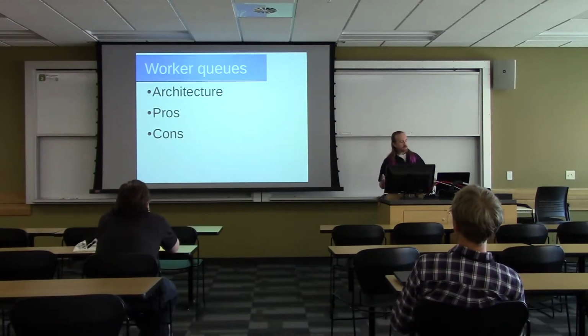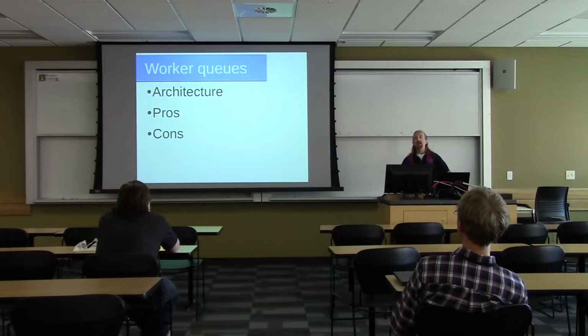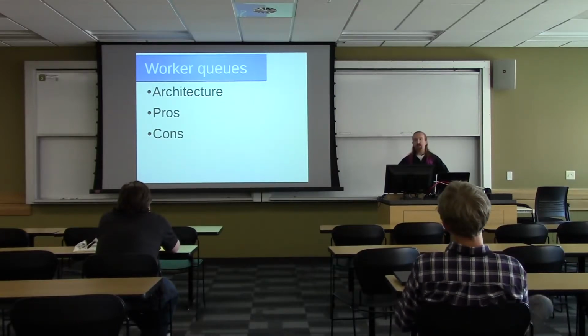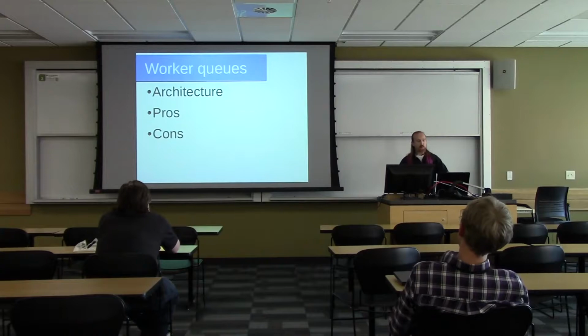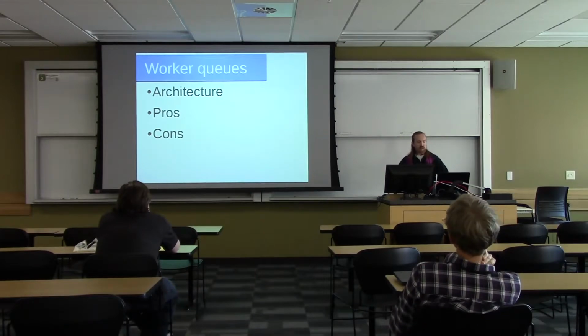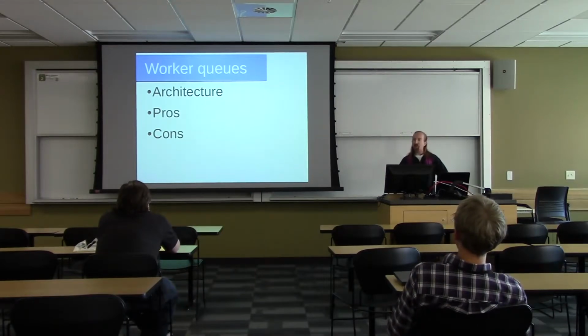The architecture is basically you fire up a PHP CLI process, and it's called a worker. And when the worker starts, the first thing it does is look to see if there are any jobs to perform. It runs the first one, if there are any, stores the status, and then goes right back to checking for jobs.